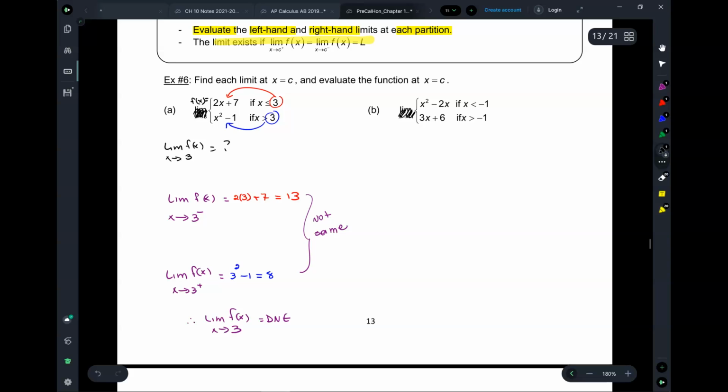So here too, we're going to call this f of x, and we're going to find the limit as x approaches negative 1 of f of x. So here's what we're going to do. The limit as x approaches negative 1 of f of x from the minus side. The limit of f of x as x approaches negative 1 from the positive side. Plug in negative 1.